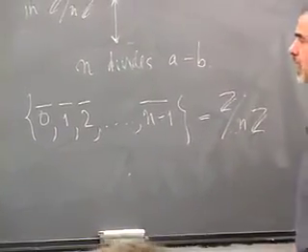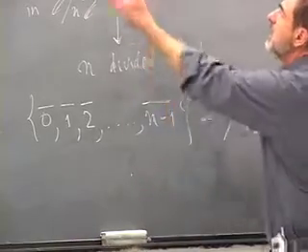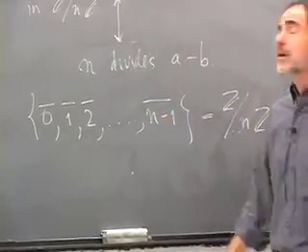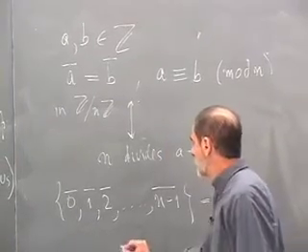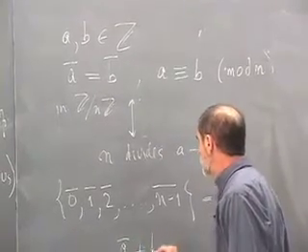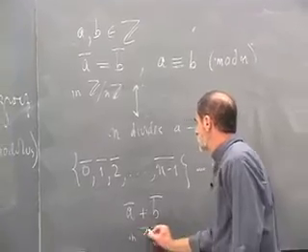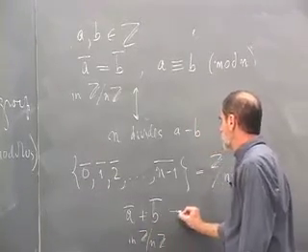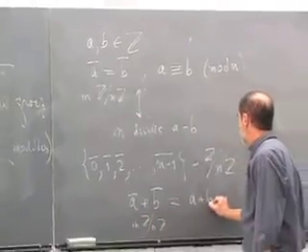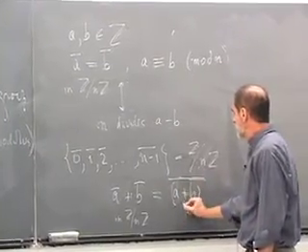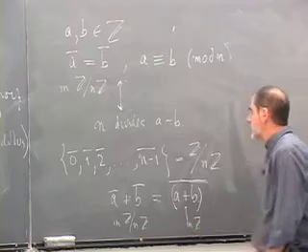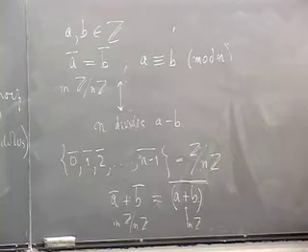And the addition law is by adding 2 things in the integers and then calculating the remainder after division by n. So a bar plus b bar in Z mod NZ is equal to a plus b bar. Namely, add them in the integers, this is in Z, and then take the remainder after reducing mod n.